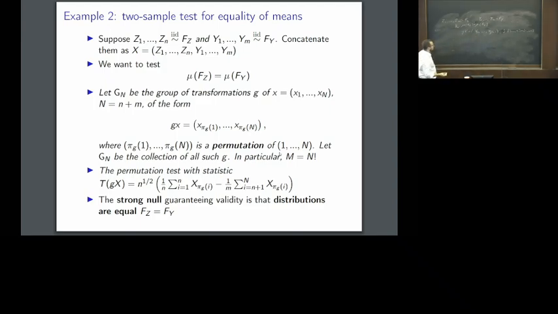And how am I going to build the test statistic? Well, exactly the way you would expect. I want to compare the mean of two groups, so I want to know: is the sample average in the first group, so for the first n entries, different from the sample average in the last m entries?